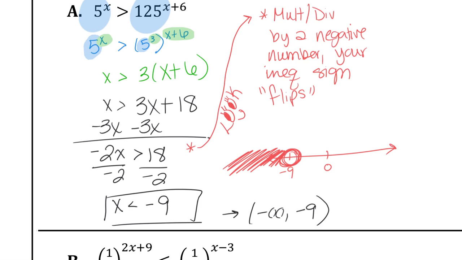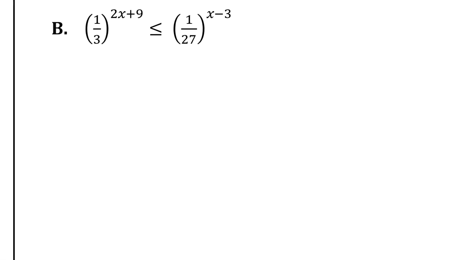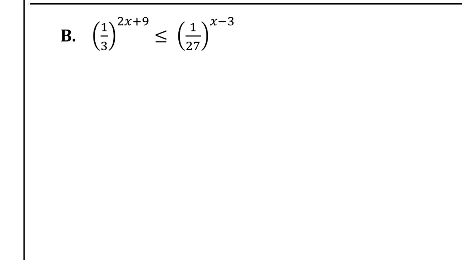Either option is okay. But look what happens when we look at question B. I now have an inequality that deals with a base that is not greater than 1. It is a fraction. So when I go to rewrite them, I'm going to compare 3 and 27.